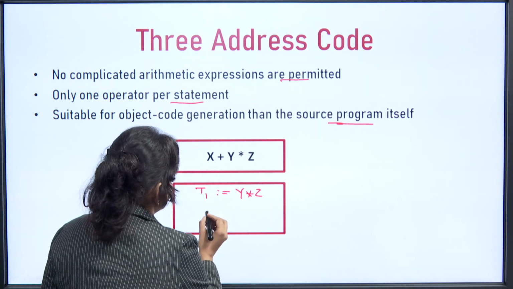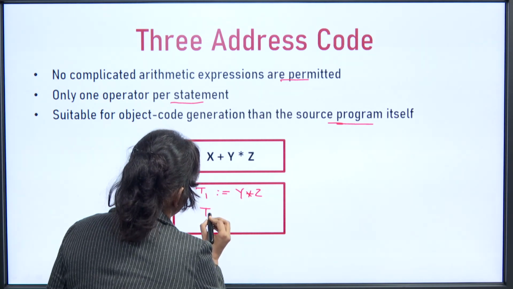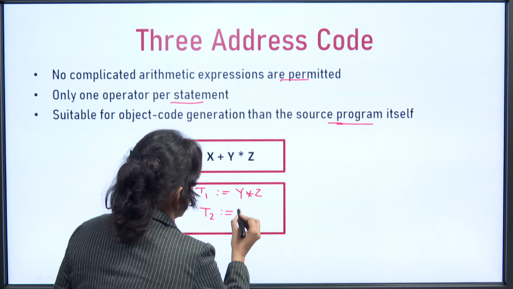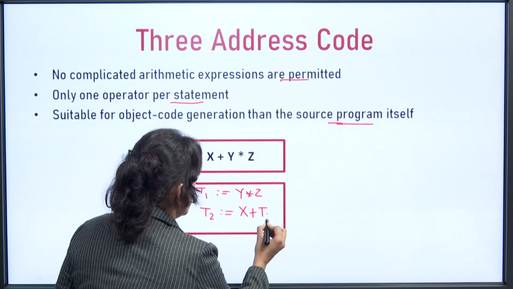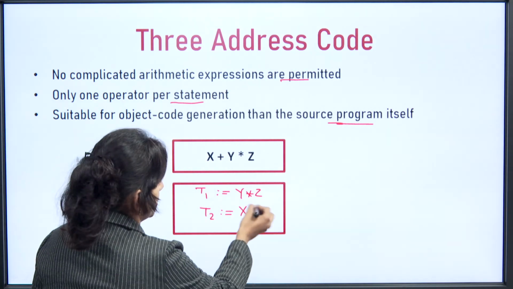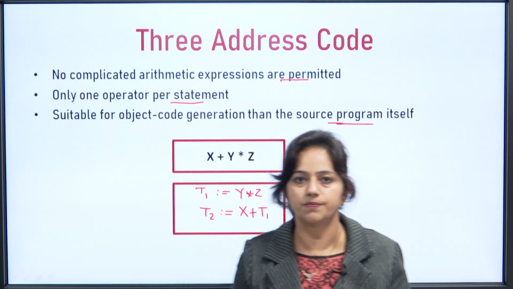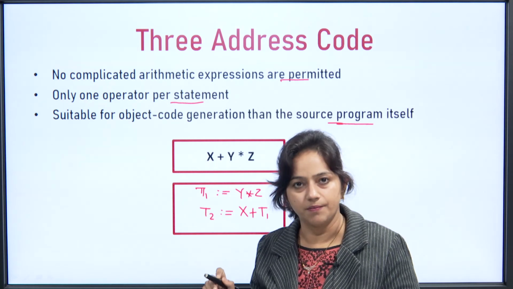Now, we will obtain x plus. Suppose I take another variable T2, and here I can take x plus T1, where T1 holds the result of multiplication of the previous 2 variables y and z. These are the compiler generated temporary variables.